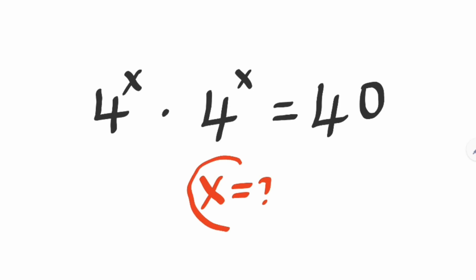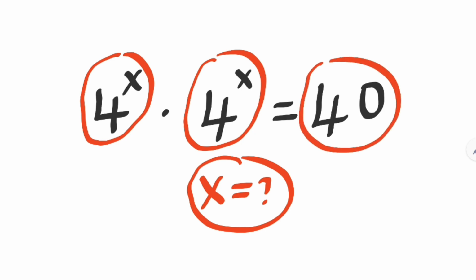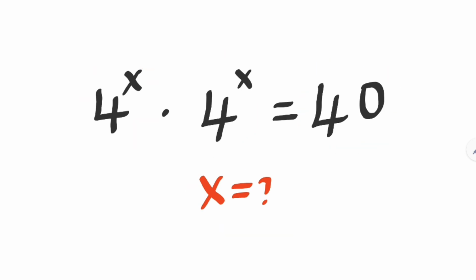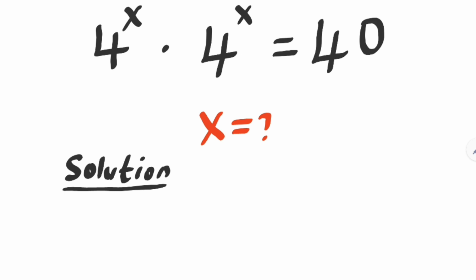Let us solve for x given 4 raised to power x multiplied by 4 raised to power x is equal to 40. The given equation is 4 raised to power x multiplied by 4 raised to power x is equal to 40.